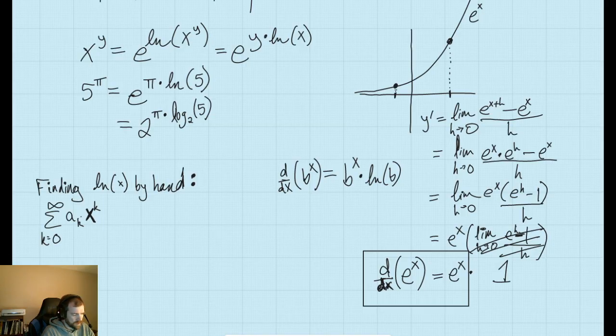If we want something at a point, we could argue what values we want here. All right, a sub k is going to be the kth derivative of the function at that particular point that we want, which again is going to be x equals 5, divided by k factorial. So this is our Taylor series.